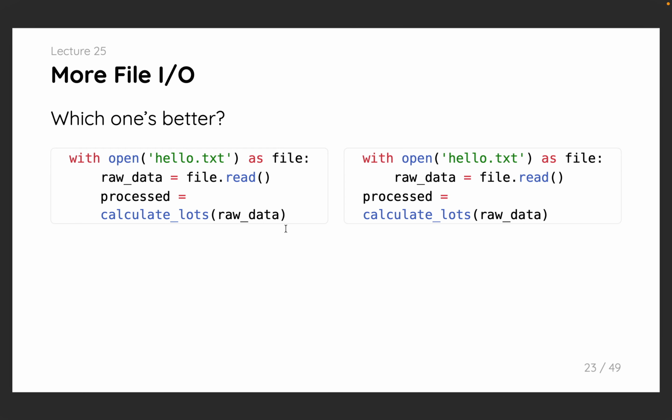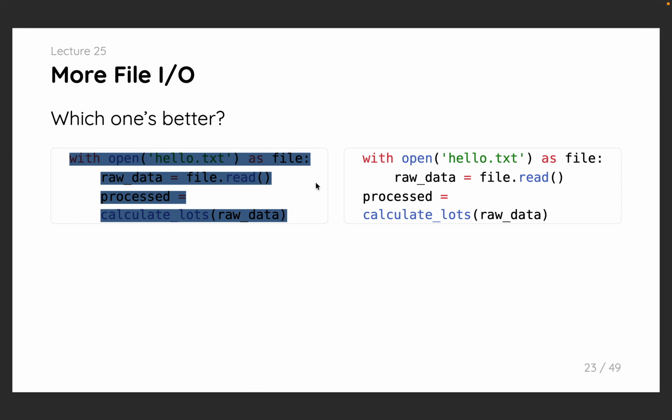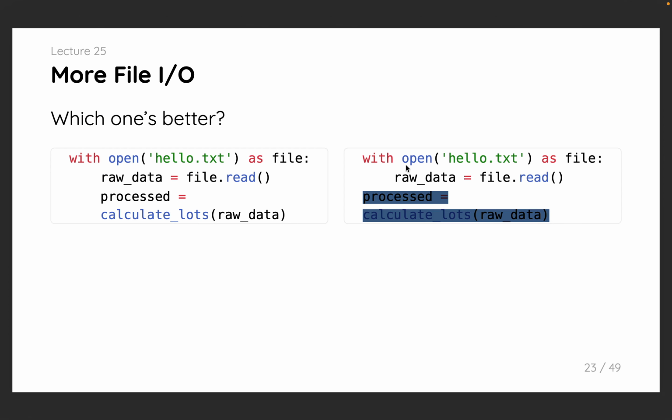Alright, so what do we have here? We have two programs that do the same thing. But for this first one, this last line here is part of the with block, while in this second version, the last line is outside of the with block. Which one of these is better?